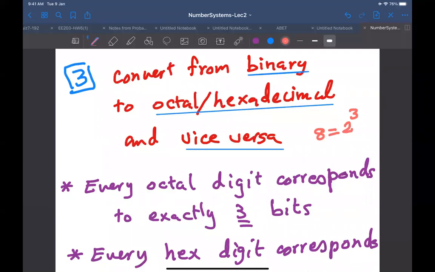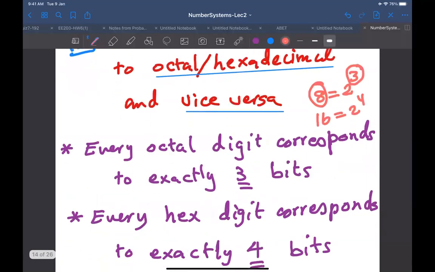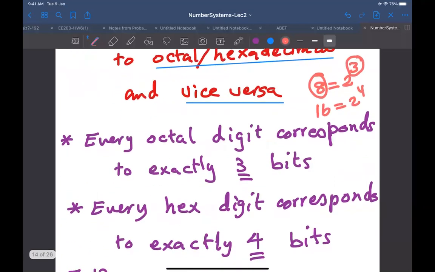Okay? So every 3 bits correspond to 1 octal digit. And in case of hexadecimal, every hex digit corresponds to exactly 4 bits. So these two facts will guide you through the conversion process.